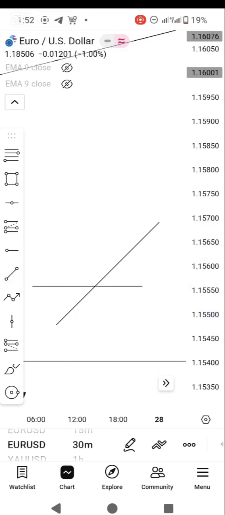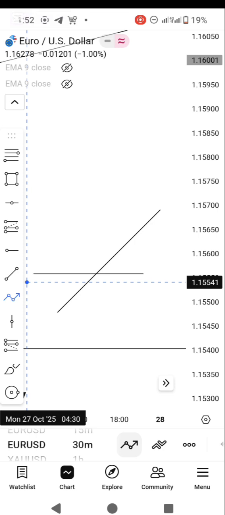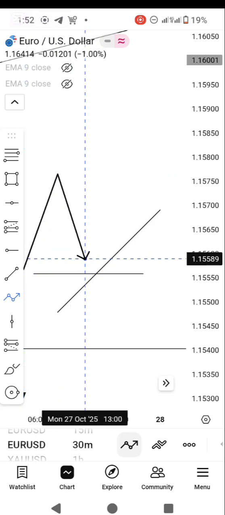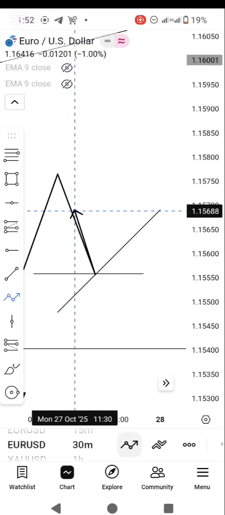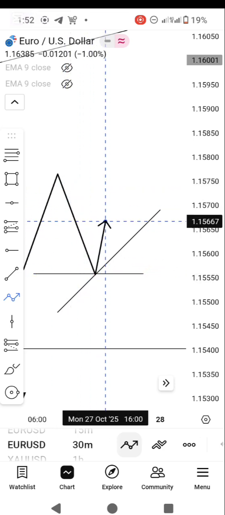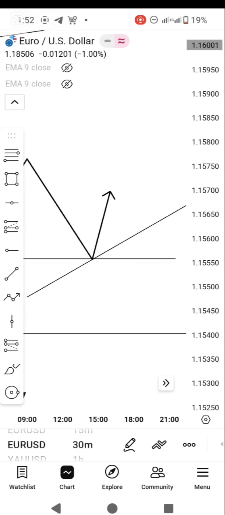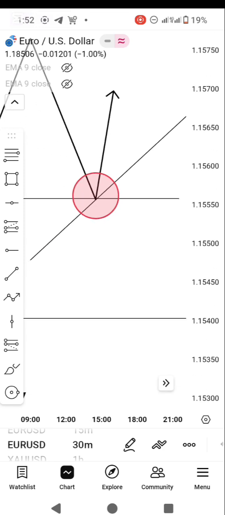Remember, you want price to pull into your point of interest first, right? That means you're going to be having sales along this leg. Now what you want to see when price gets here is a series of sell candles.